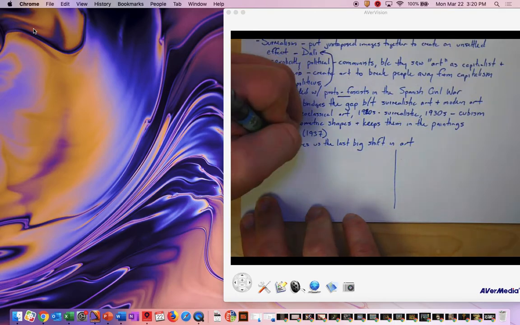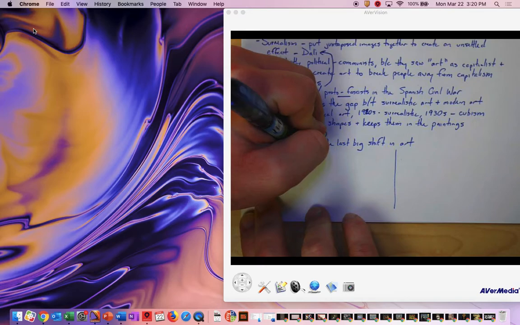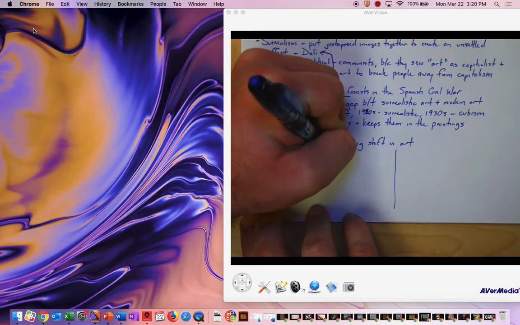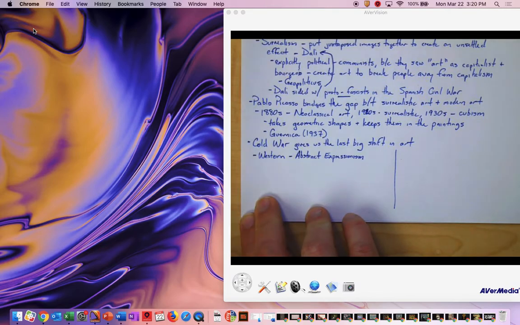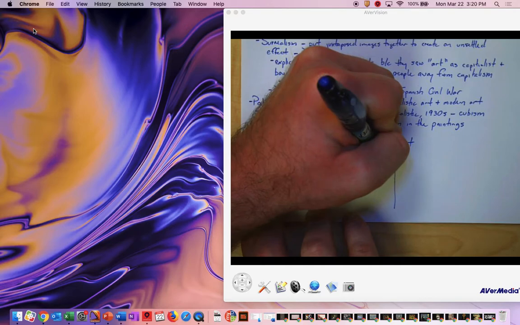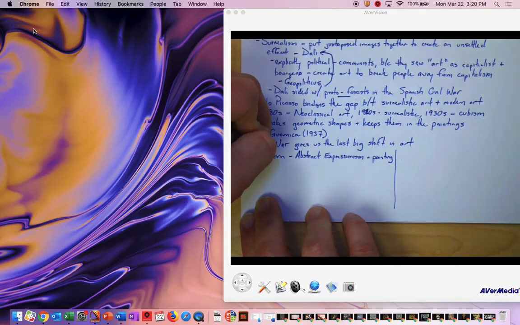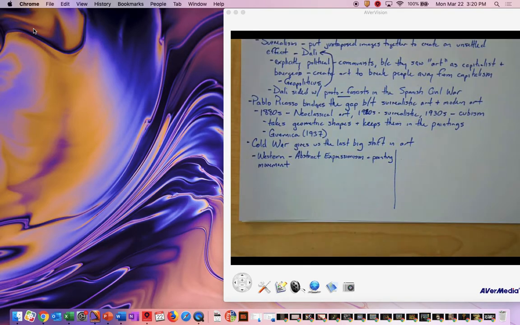So one of these is called abstract expressionism. And abstract expressionists are basically painting movement. Now, we've talked about art that kind of tries to make you feel like there's some movement going on.